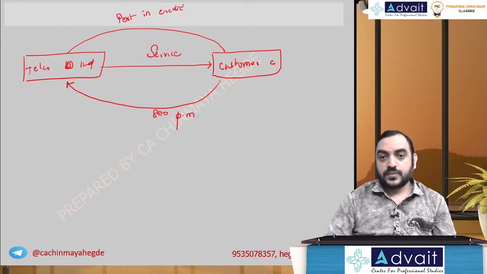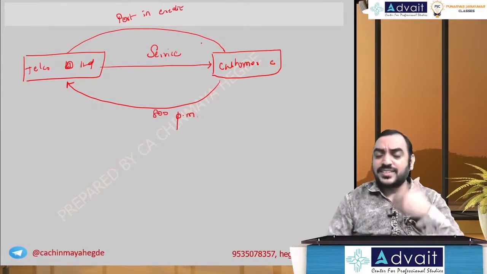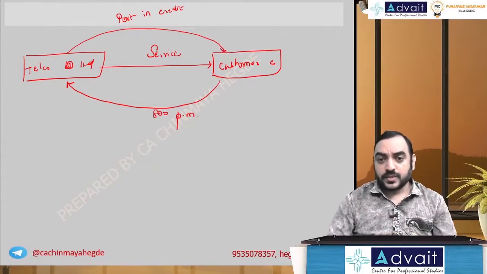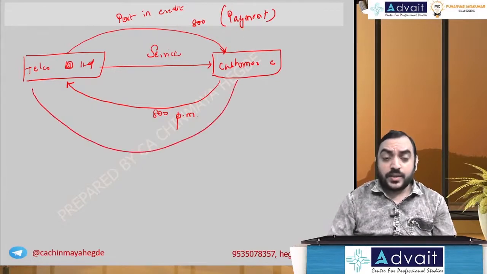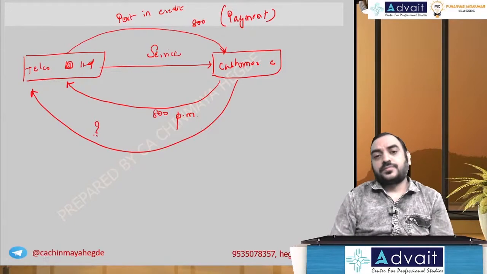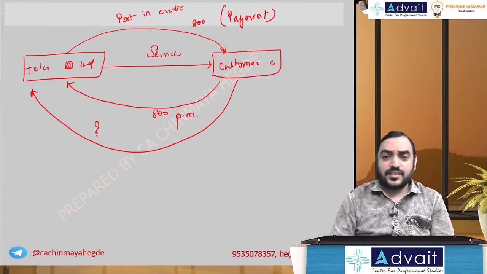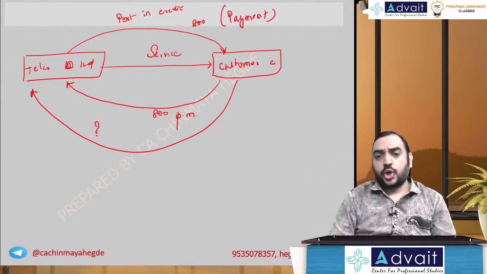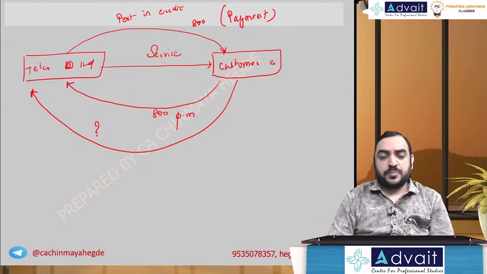Giving credit means it's as good as making a payment, right? It's like making a payment. For that payment, what service is Telco D Limited getting? Nothing, right? There is no separate service that D Limited is getting, and no separate obligation from customer C's point of view.